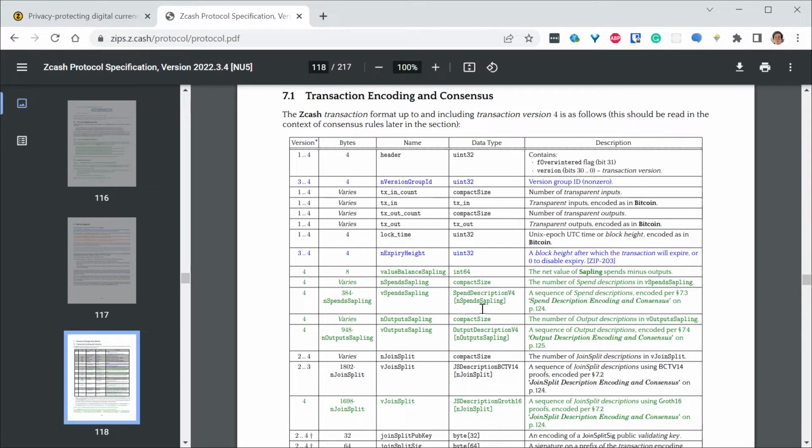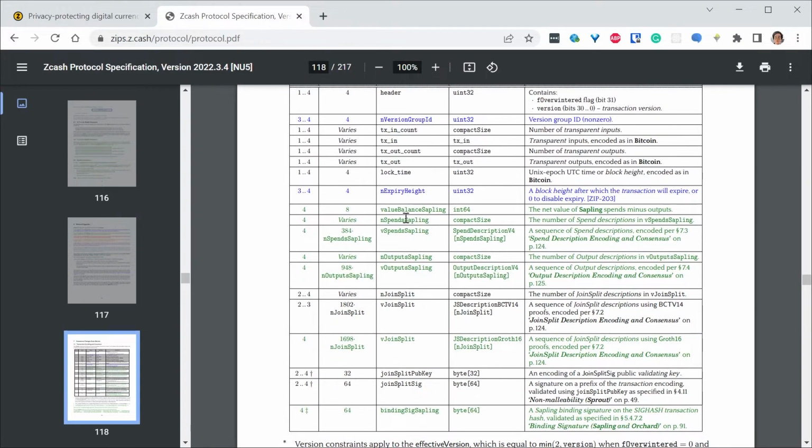Transactions of version 5 do not have to include Halo 2 components. You can see here in a transaction, you can have transparent components, Sprout components, Sapling, and finally Orchard. So four types of components.